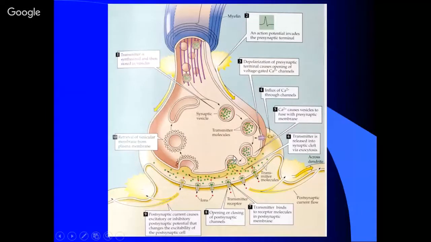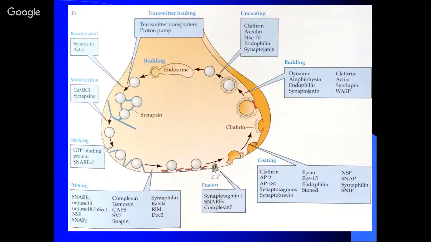You can't leave it there, so you're going to have to remove it. I'll go into different ways that can happen. This is just an example of a clathrin-coated vesicle that's being recycled. Now you're starting to see some of the proteins that are known to be involved in vesicle recycling. So let's look at a little bit more.